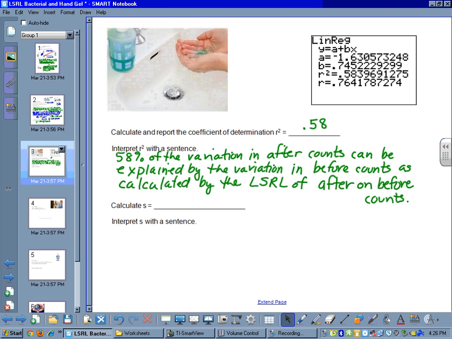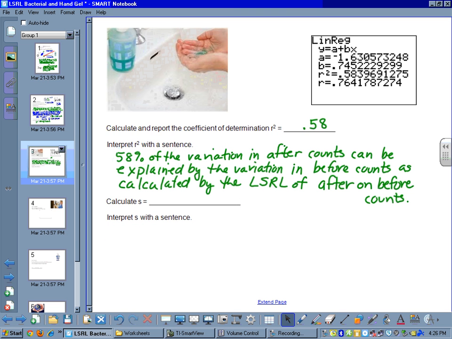All right, so that tells us our line is fairly strong, but not super strong as far as how helpful it is. Next, I need to calculate the standard deviation of the residuals.